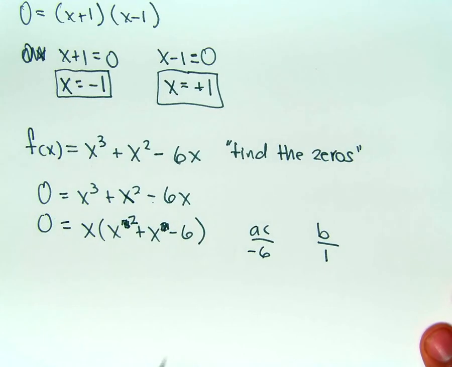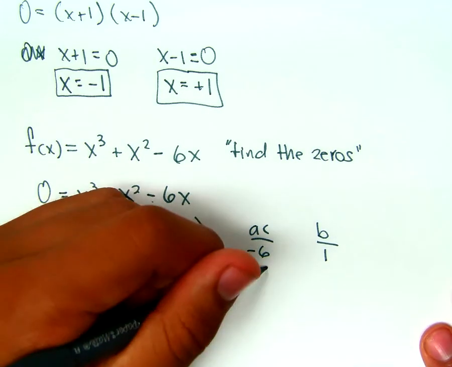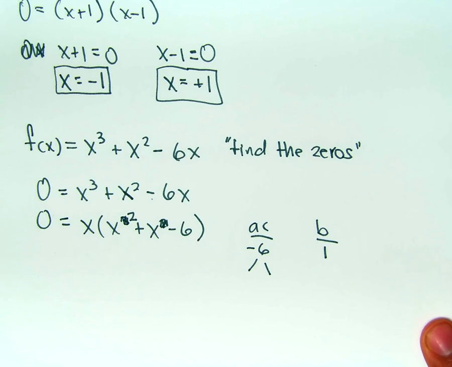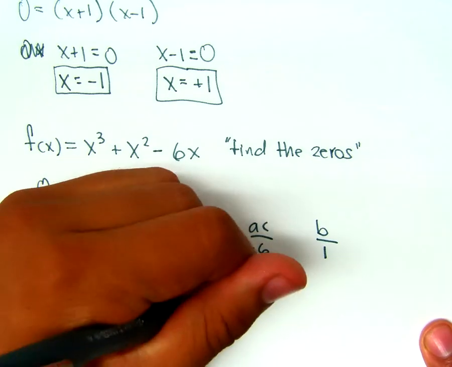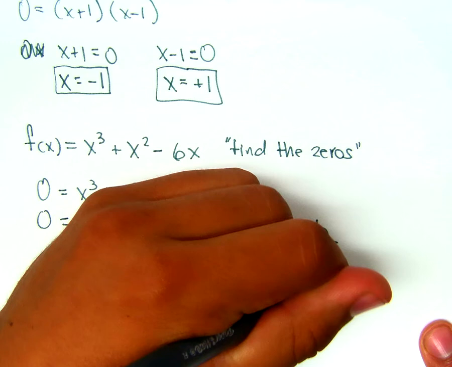So now we have to find the factors of negative 6 that combine to give us 1. What will that be? Close. That'll give us negative 1. Yeah, there we go. So negative 2 and positive 3 will combine to give us 1.